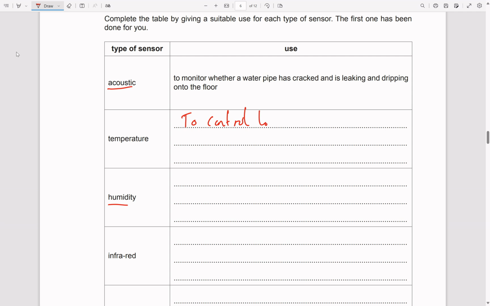I guess we can say to measure the temperature in an office, and send signals to the microprocessor.